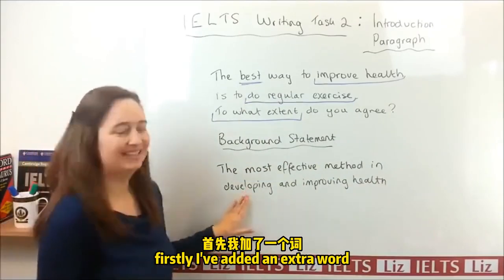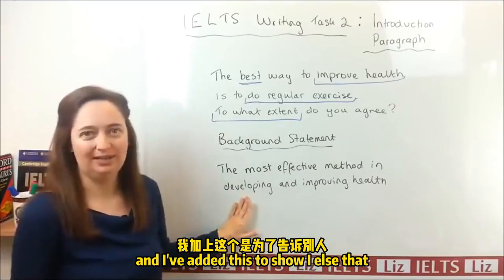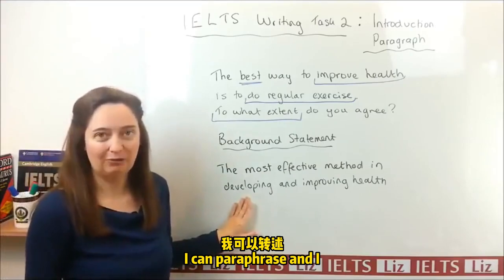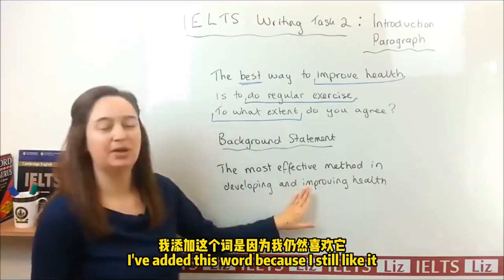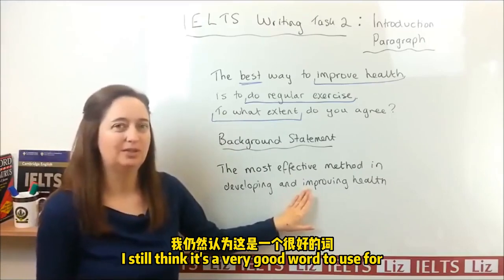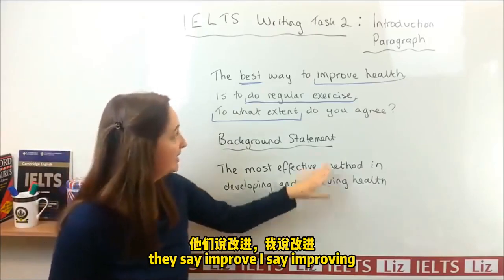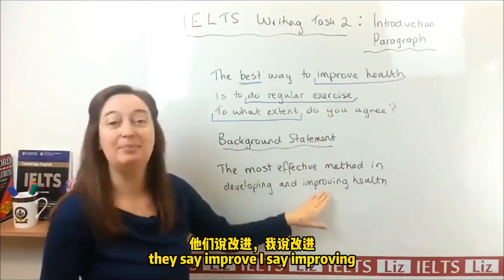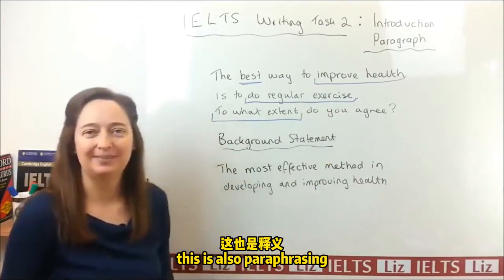Firstly, I've added an extra word. And I've added this to show IELTS that I can paraphrase and I understand the meaning. I've added this word because I still like it. I still think it's a very good word to use for this sentence. But they say improve, I say improving. This is also paraphrasing.